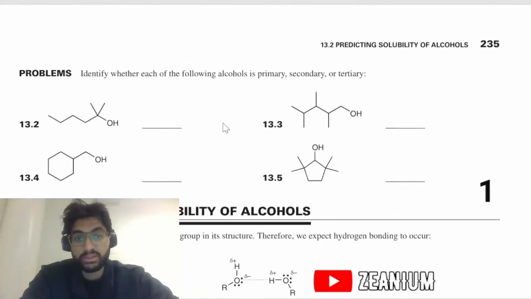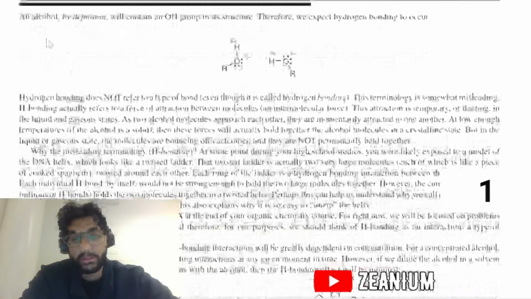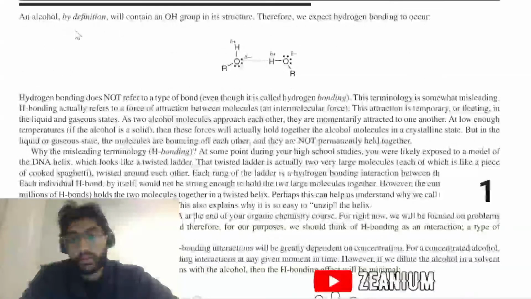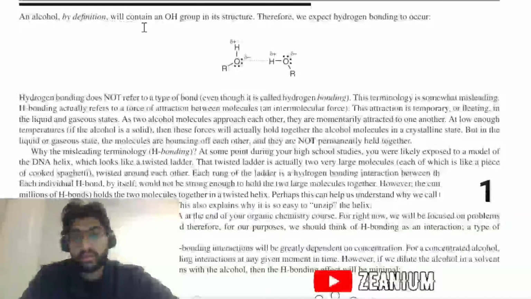Okay, let's just do this quickly. This one is a tertiary alcohol. This one is a primary alcohol. This one is also a primary alcohol, and this one is a secondary alcohol. Done.